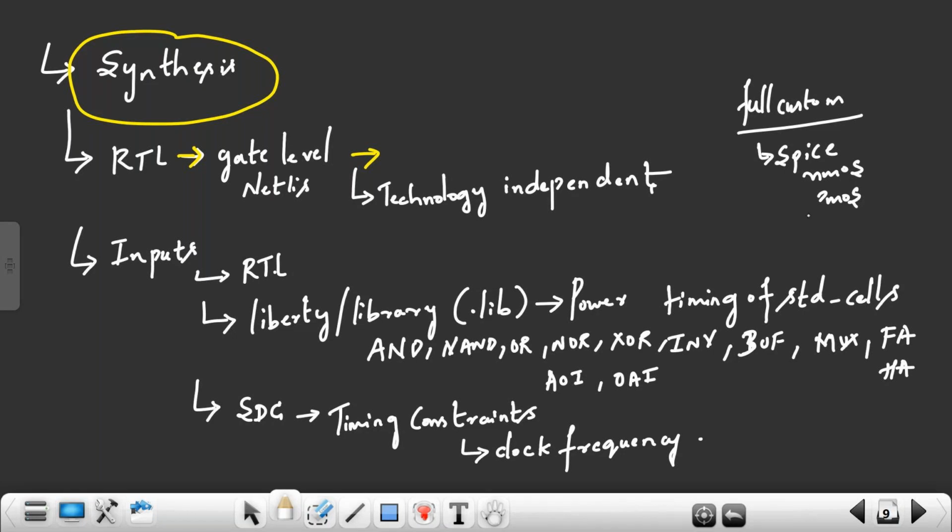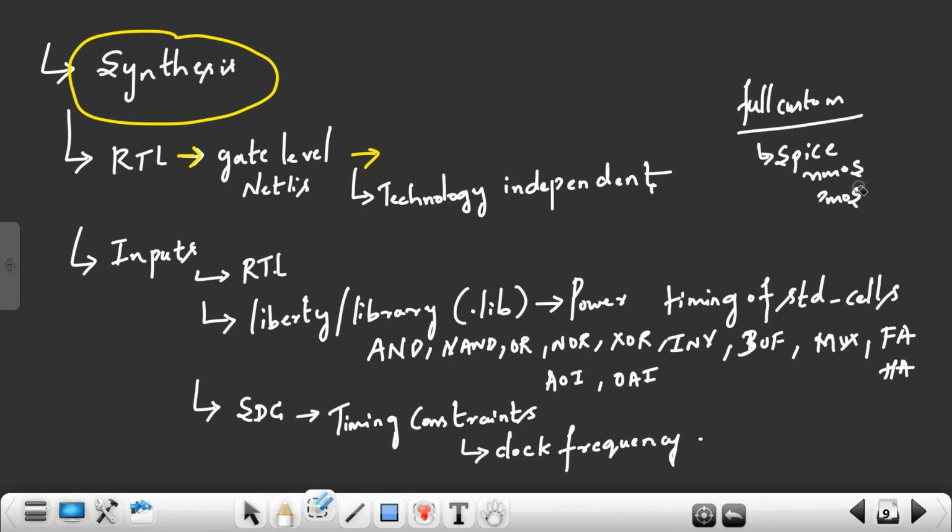So this ID equal to mu1 C naught of x W by L is only for switching current. There is a separate equation for short circuit current and a separate equation for leakage current. So all this mathematical model is given as spice models.